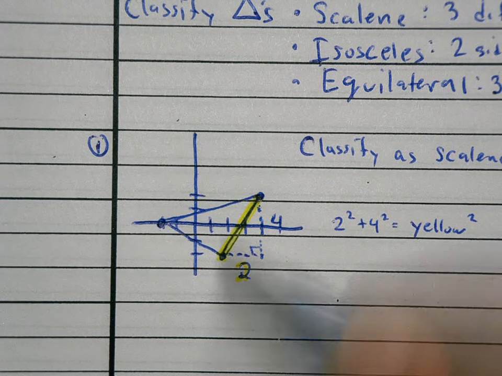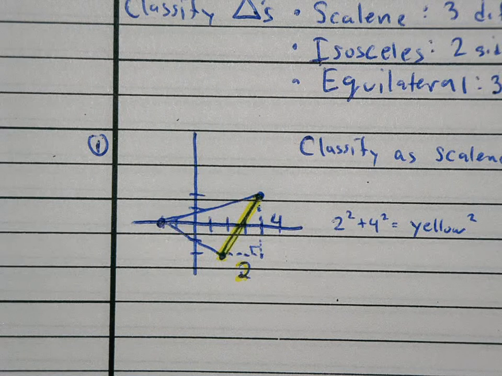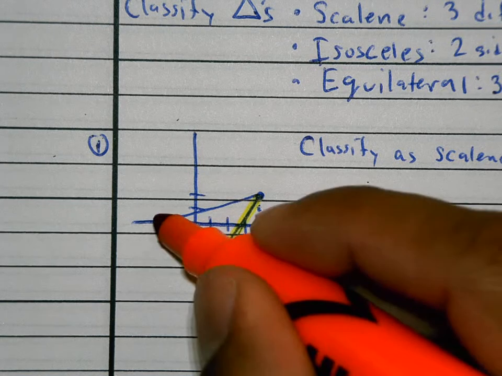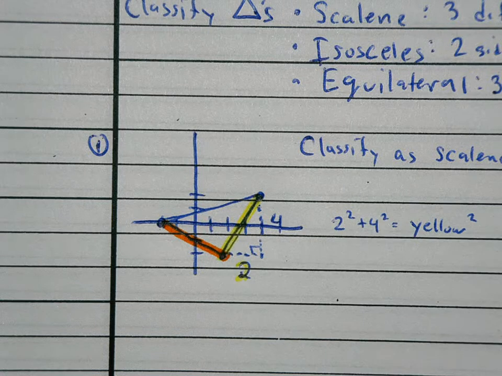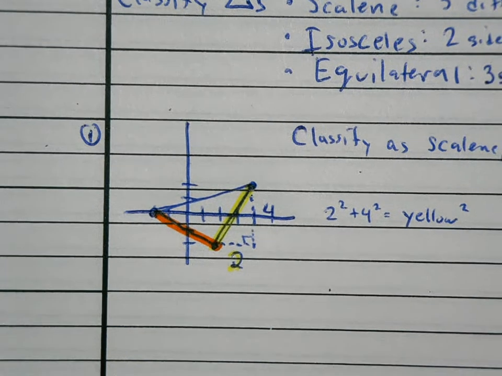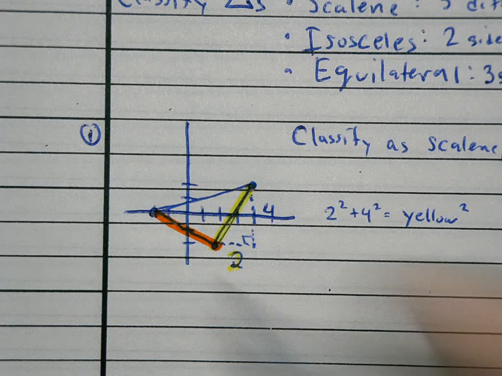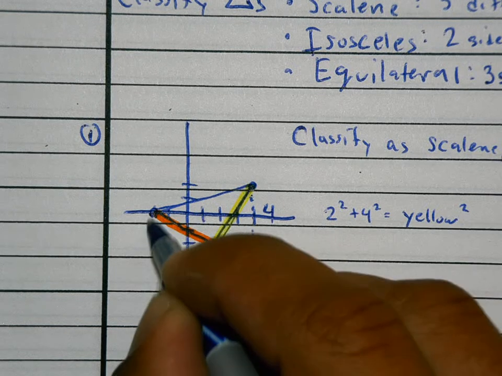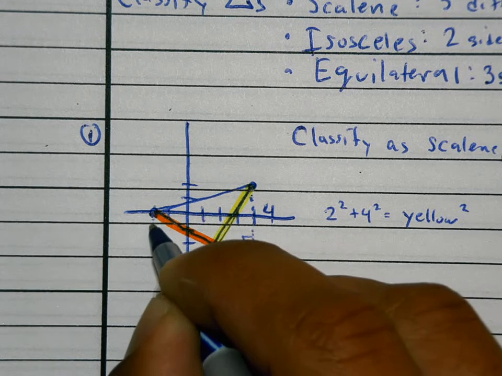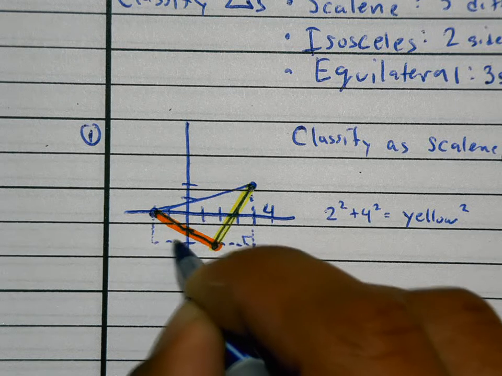Now, I don't know if this yellow side is the same as the other sides or not. But what I can do now is switch colors on my pen, and I'm going to call this side the orange side. Okay? You good with that? Now for the orange side, I'm going to also draw a right triangle outside, and I'm going to count over this way.